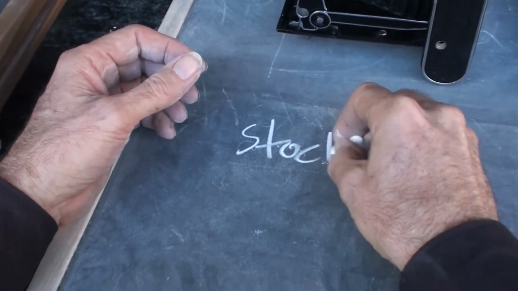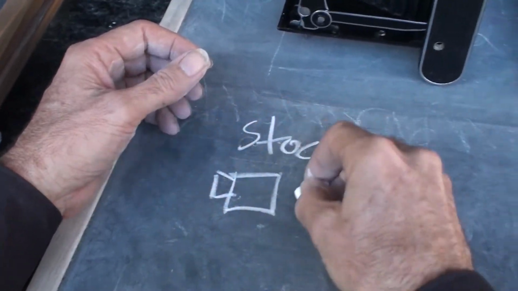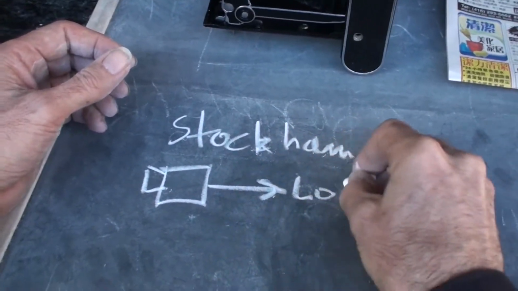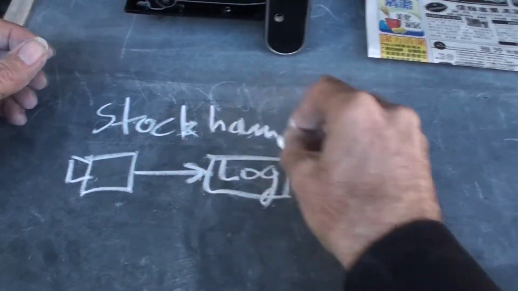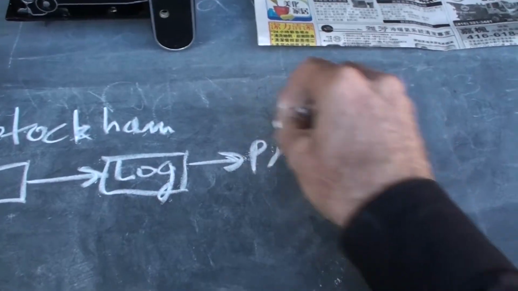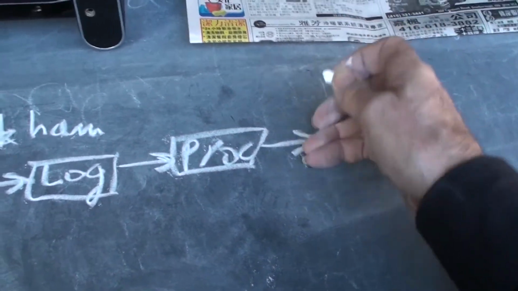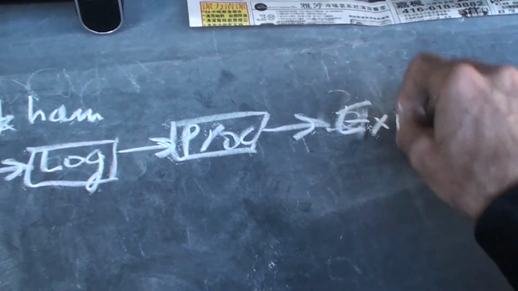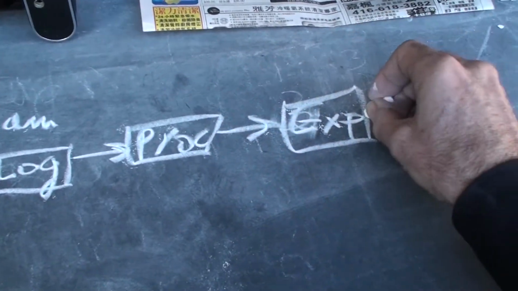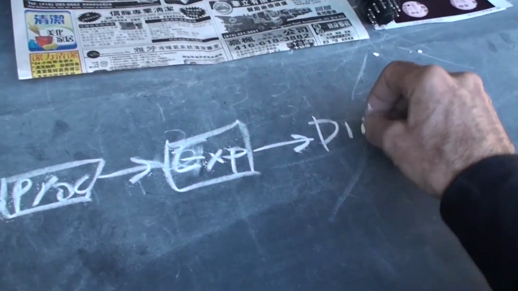Professor Stockham proposed that what we should do with images is take the logarithm, then do the processing, and then compute the anti-logarithm, and then display the image or output it.